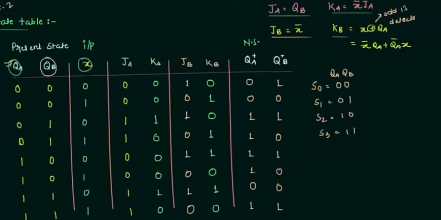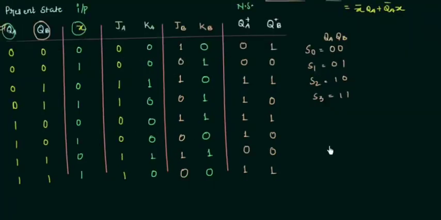I will make these states here, and by using this state table we will see the transitions in the state diagram. So these are my 4 states: this is S0, 0 0, this is S1, 0 1, this is S2, 1 0, this is S3, so 1 1.